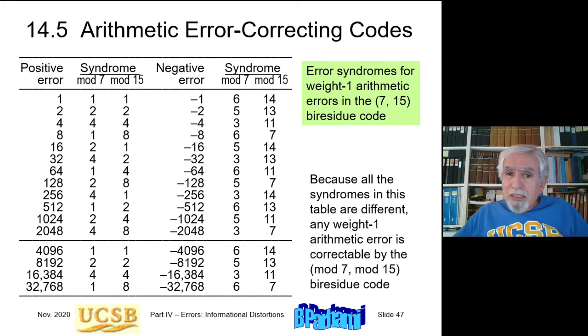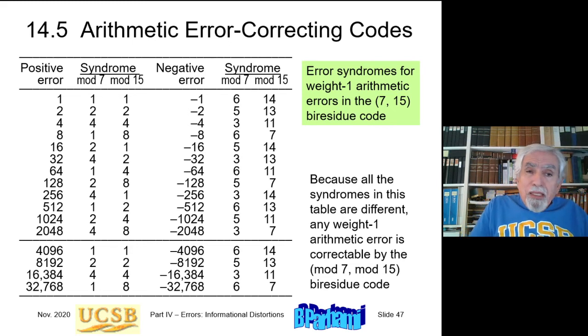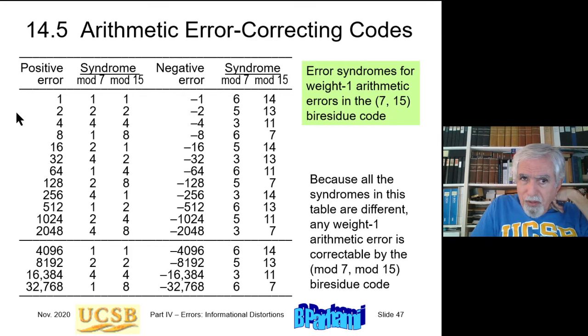Last time I discussed arithmetic error detecting codes, in particular product codes and residue codes. Now residue codes can be easily extended to correct errors in the following way. So suppose you have 12 bits of data.